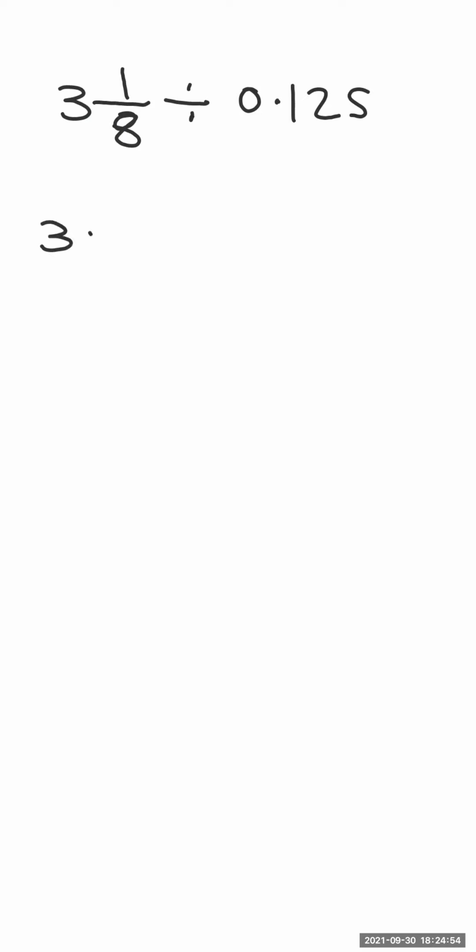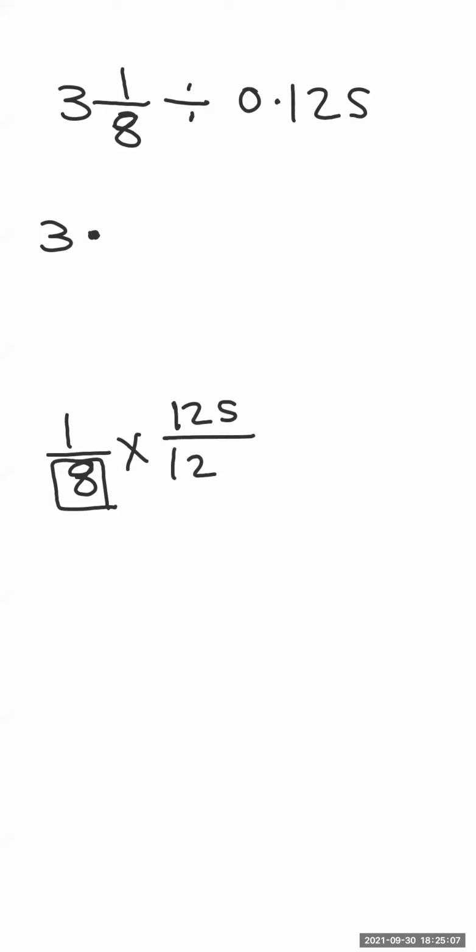If we want to divide 3 and 1 over 8 by 0.125, so simply in this case, we have to convert this mixed number into a decimal number. So 3 and 1 over 8 means 3 plus 1 over 8. Whenever you see 8 in the denominator, just multiply it by 125 over 125.